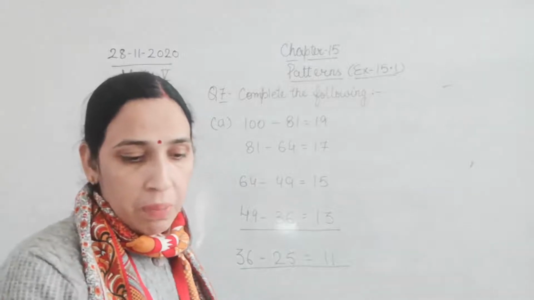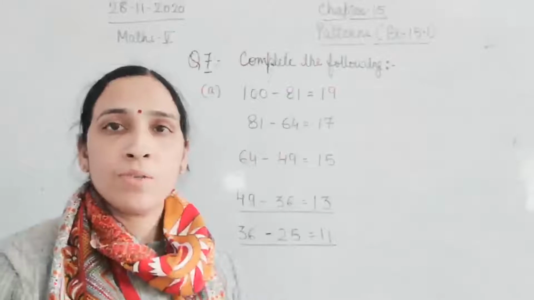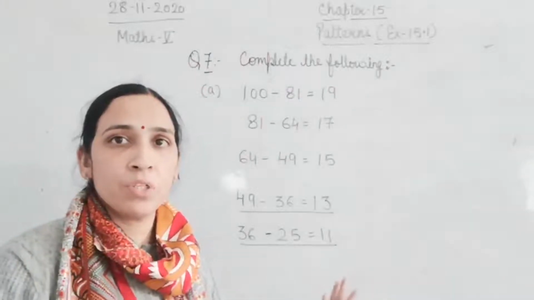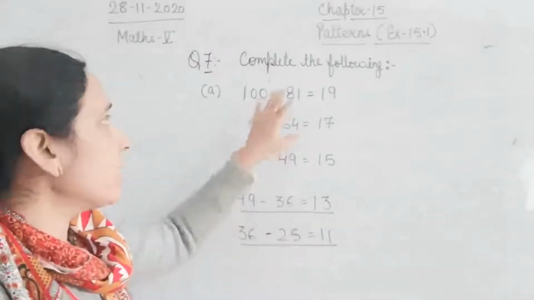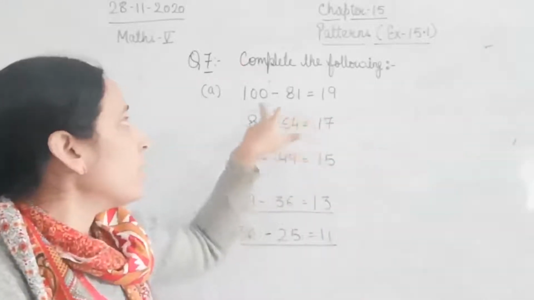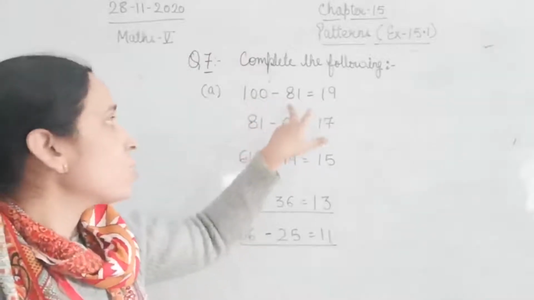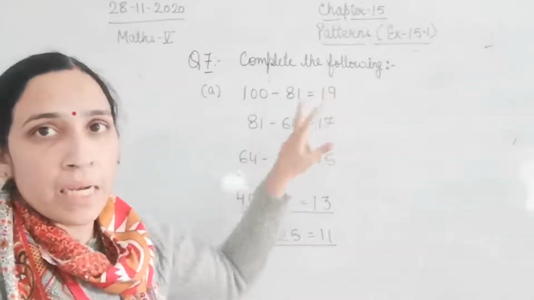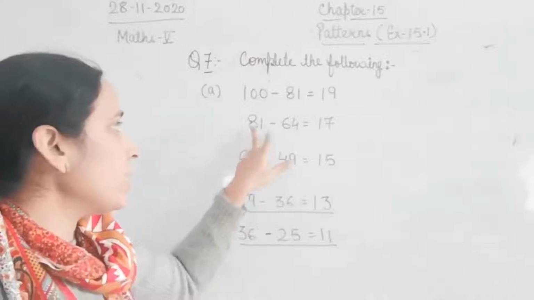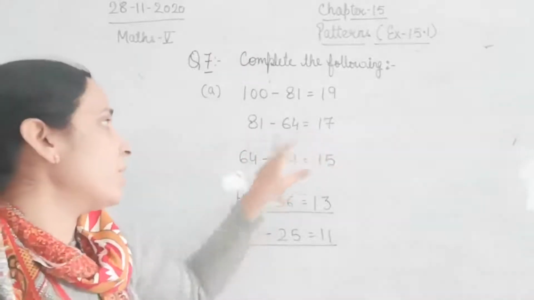Next is B part of this question number 7. So children, what we have seen in this question, complete the following: 100 minus 81 means the square of 10 minus the square of 9, you will be getting 19. Square of 9 minus square of 8, you will be getting 17.